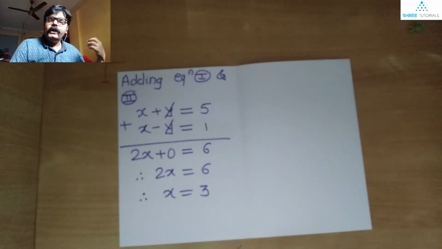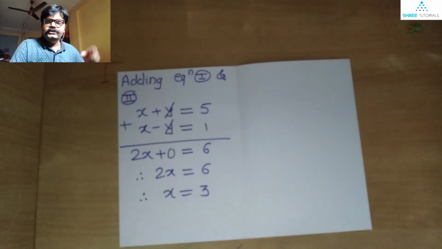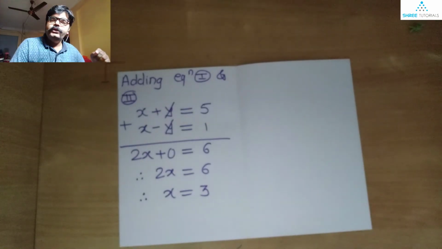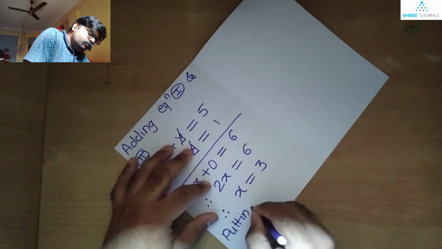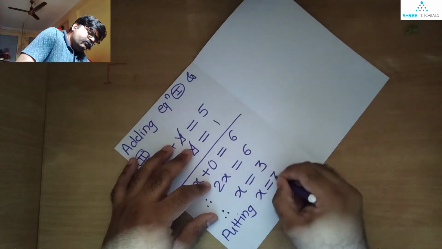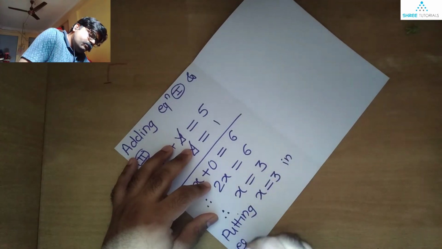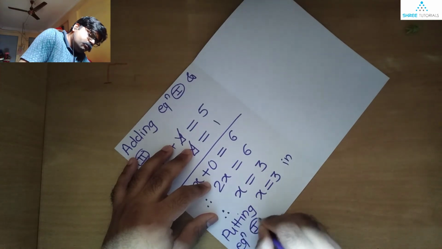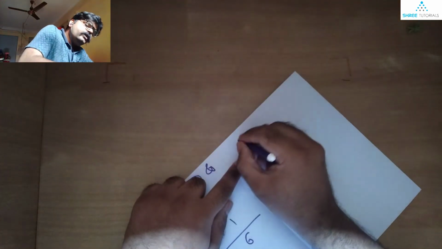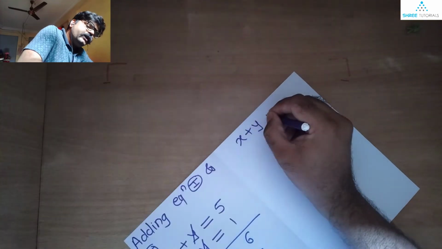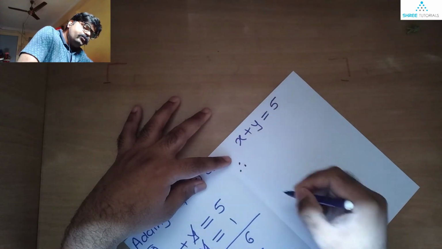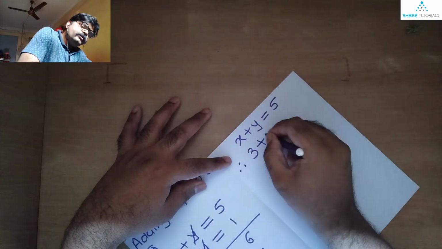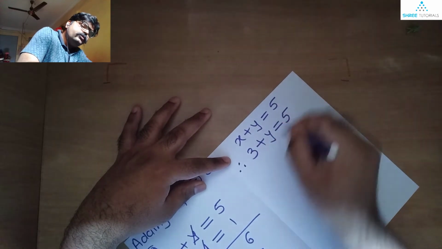Now we are going to calculate y's value as well by using this x's value. Therefore we are going to substitute this value of x in equation number 1. Putting x is equal to 3 in equation 1, the original equation, x plus y was equal to 5. Therefore 3 plus y is equal to 5.